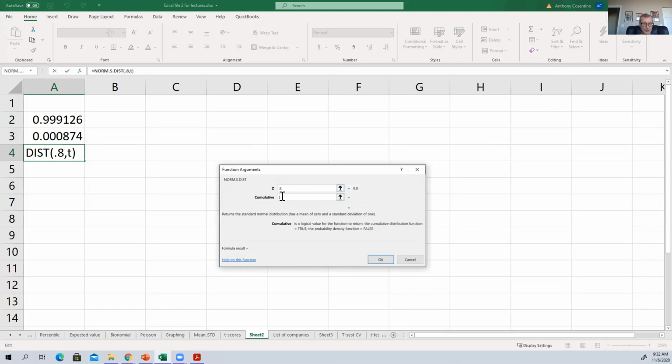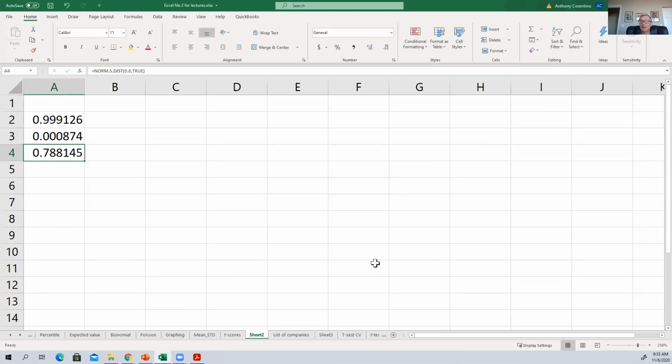And remember, since we're doing the right tail test, we're going to have to do the 1 minus, right? So in this case here, we get almost 79%. And so that would be left tail. So to do the right tail, we do 1 minus.